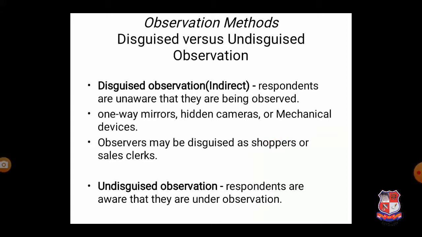Again, among the different types of observation, the first one is disguised observation and the second one is undisguised observation. Disguised observation is an indirect observation. In this case respondents are unaware that they are being observed.